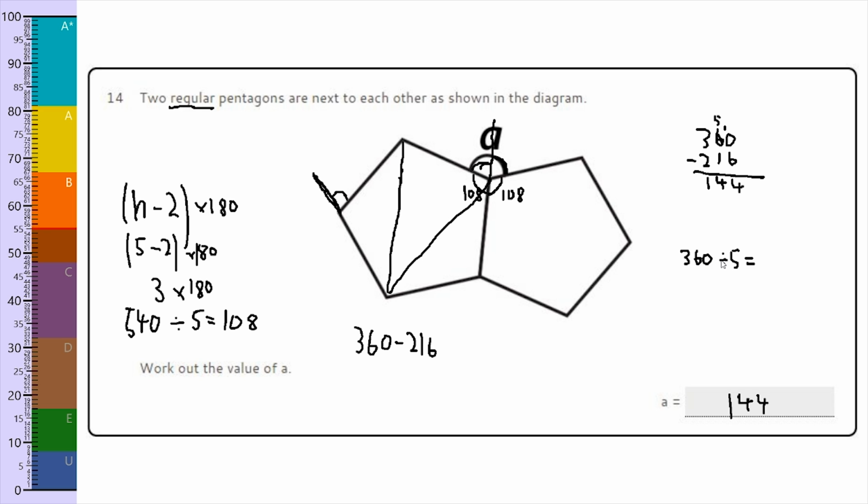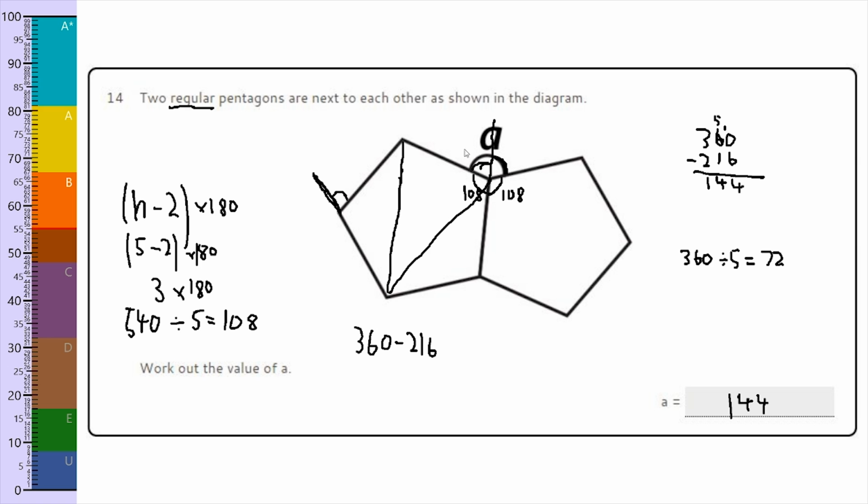So 5's into 100 is 20, into 300 would be 60, and into the remaining 60 here would be 12, so it would be 72.